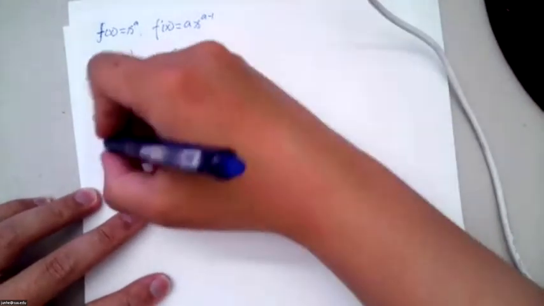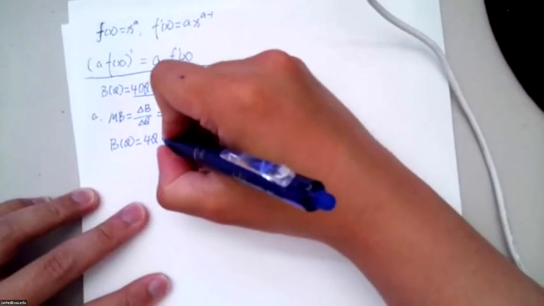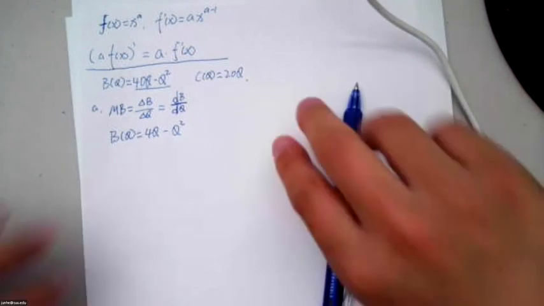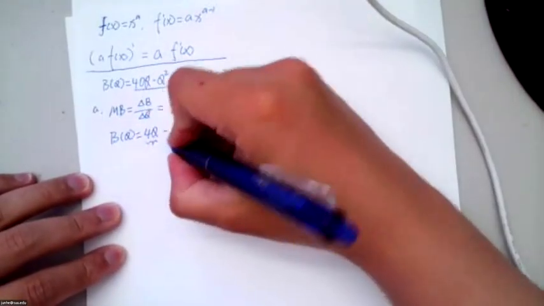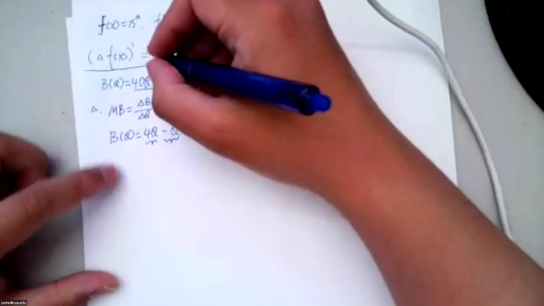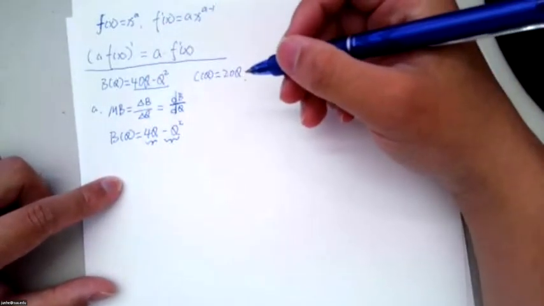All right, so B(Q) is 40Q minus Q squared. Let's look at these two terms. One is this, the other is this. The first one, 40 times Q. Q is a function of itself, right?